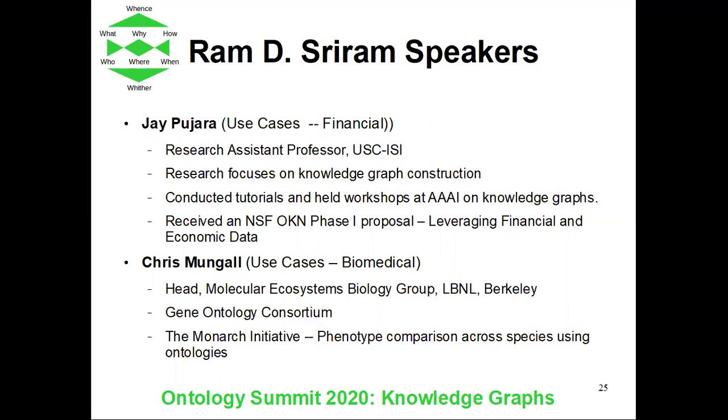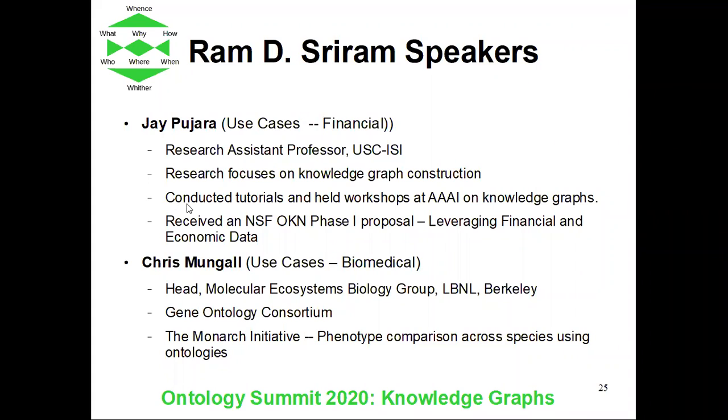And Jay is a research assistant professor at USC ISI, and his research focuses on knowledge graphs, formalism. I believe he did his PhD at the University of Maryland with Lise Getoor, who actually gave a talk on probabilistic networks some time ago in our forum, I believe, okay? And he received this NSF OKN phase 1 proposal, leveraging financial and economic data. And Jay has also given several tutorials at AAAI on knowledge graphs, so he's pretty well versed in this subject.